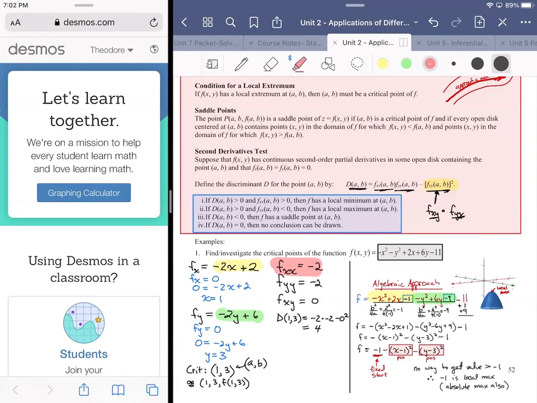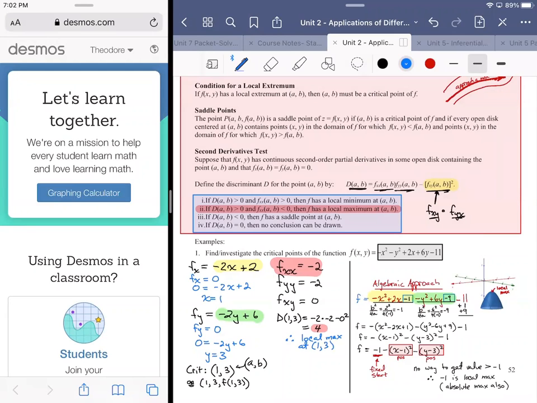So in this context, I'm looking at this guy that shows a relative max, because that's the case where the discriminant is positive, which is what we got right here. And our second order partial with respect to x is negative, also what we got. So therefore we have a local maximum. So therefore, local max at (1, 3).